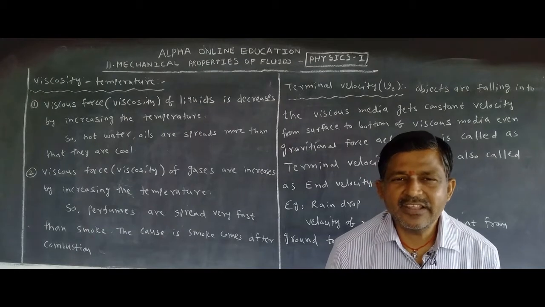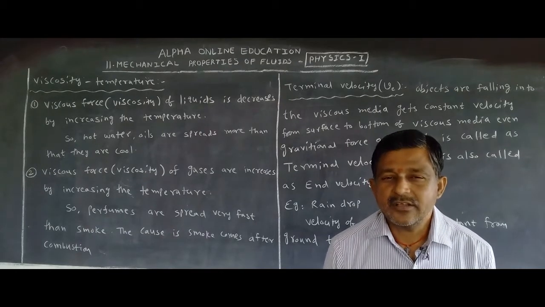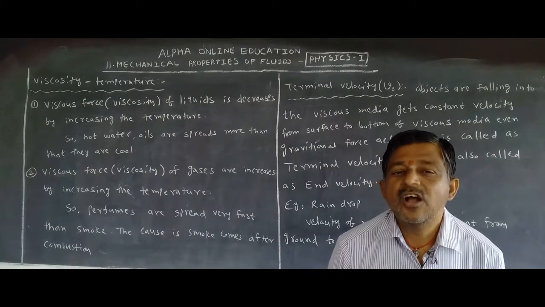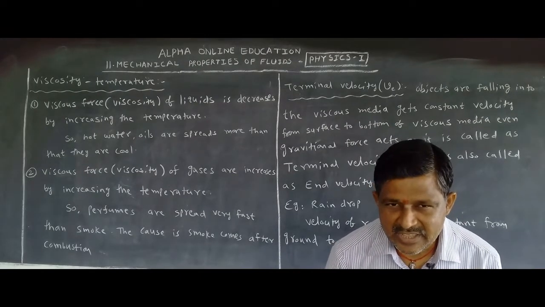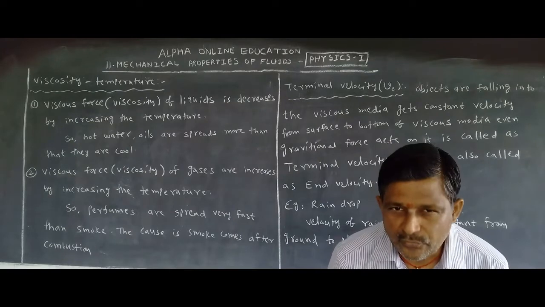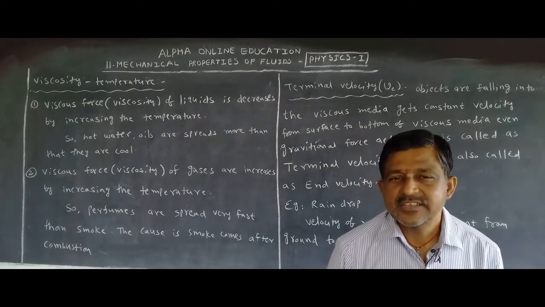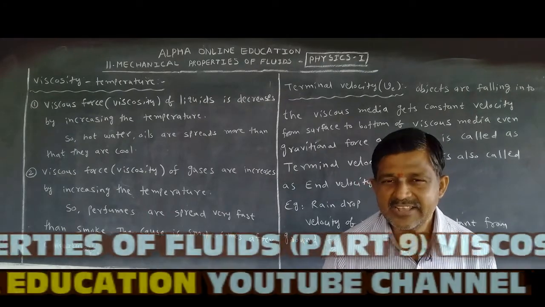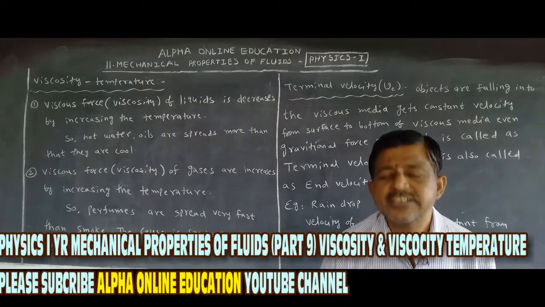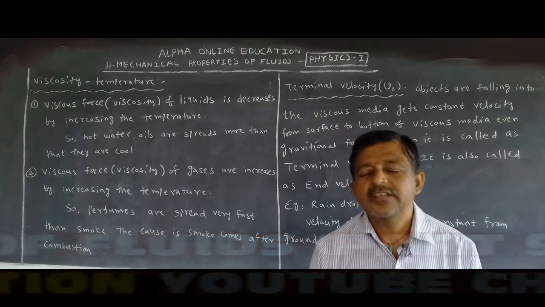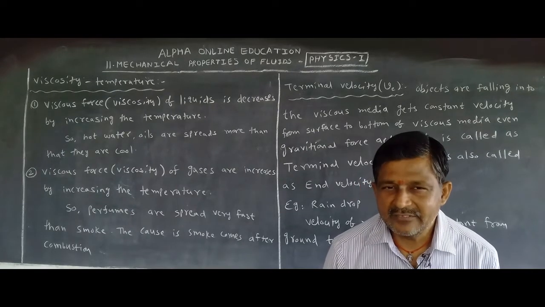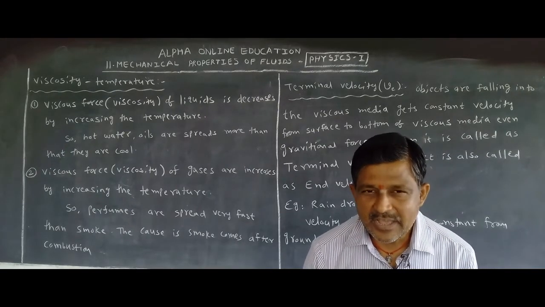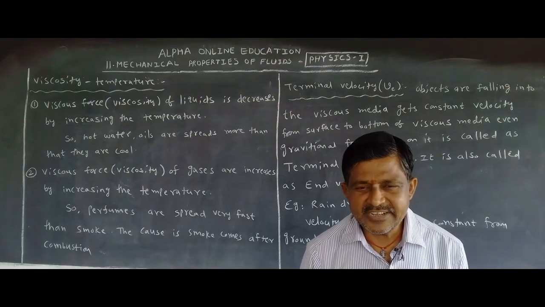The terminal velocity is the constant velocity of an object moving in a flow of fluid. Means in the terminal velocity, the acceleration of the object is how much? Zero. Okay. Now we want to derive the equation to find the terminal velocity in the laboratory. That principle was derived by the scientist Stokes.